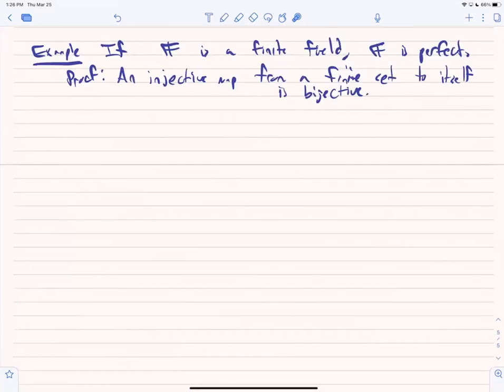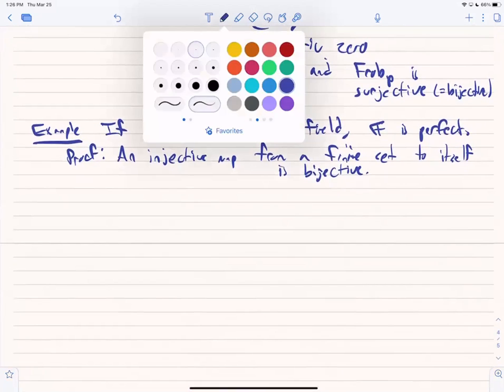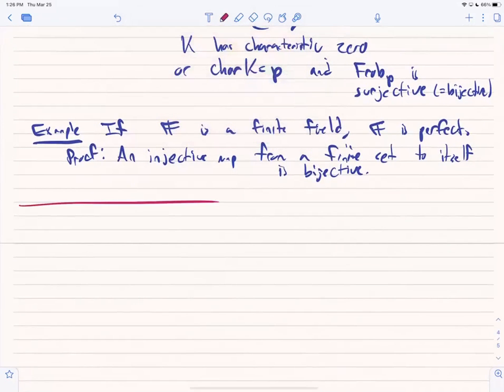Okay, so let F be a splitting field, an extension of F_p.